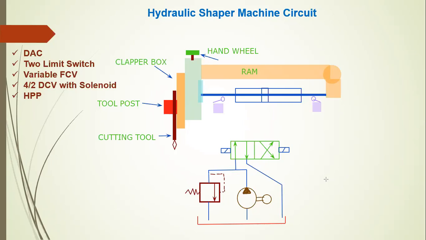Then after, connect the direction control valve to the double acting cylinder. Here these lines are connected to the double acting cylinder, and the other side of the double acting cylinder is connected to the other side of the valve.